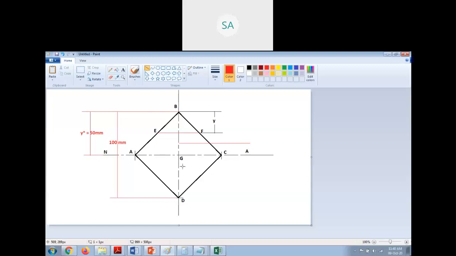Okay, and here also we will have a similar point. And here it is 40. Okay, so the shear stress distribution will be something like this.